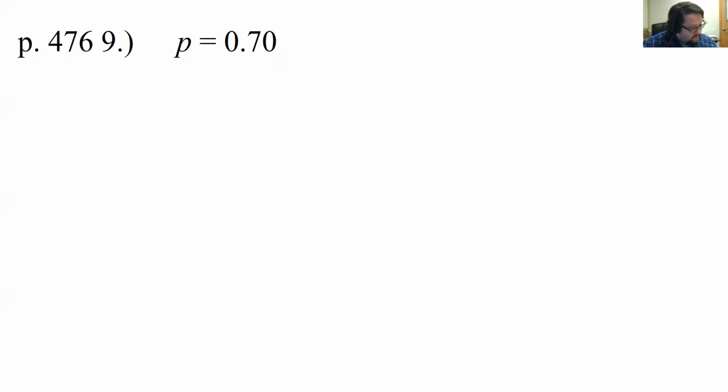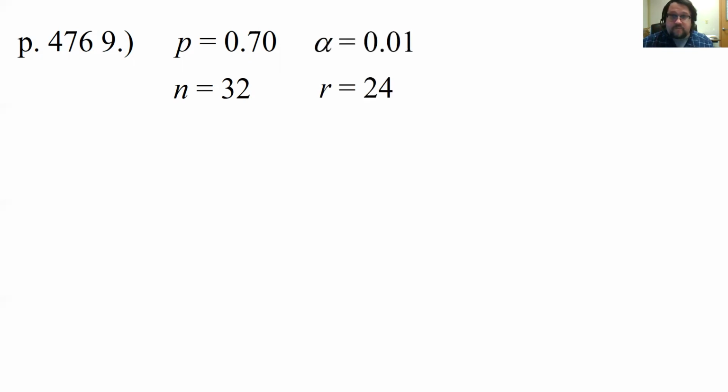So they're saying 70% should fall in this age category. That's our predicted proportion. And then we got a sample size of 32. And within that, we found 24 were in that age category. And we're going to use an alpha level of 0.01, 1%.